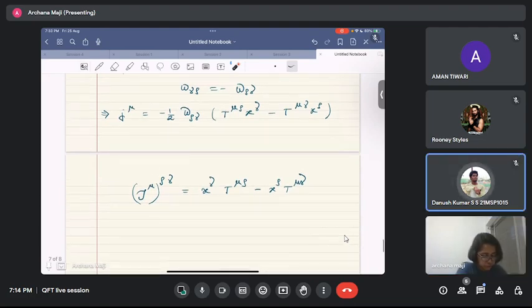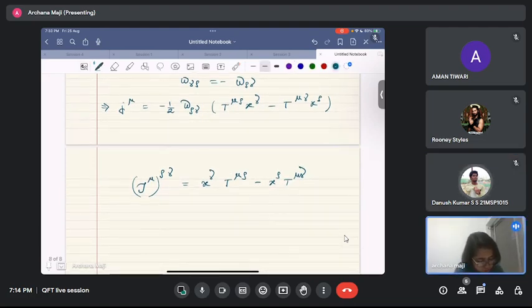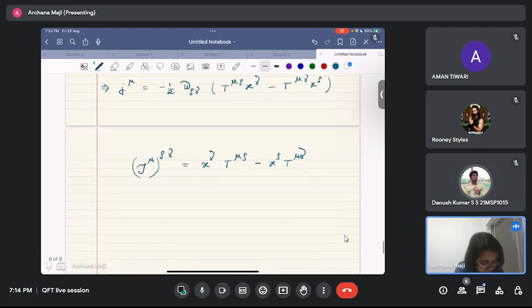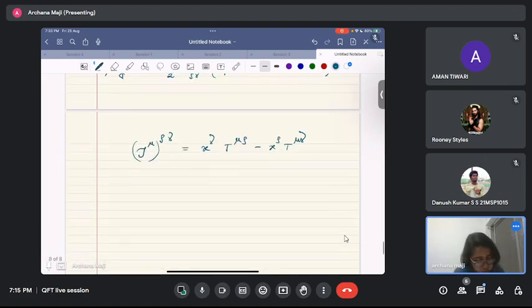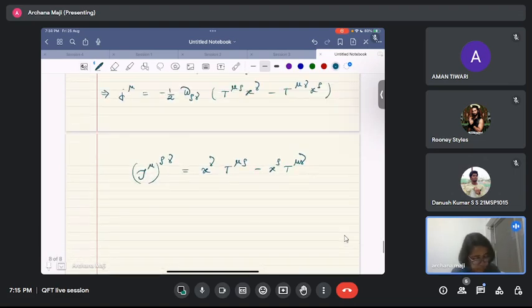Okay, so now this is the conserved current. So the corresponding conserved charge you can obtain by integrating over all space the zeroth component of the conserved current.